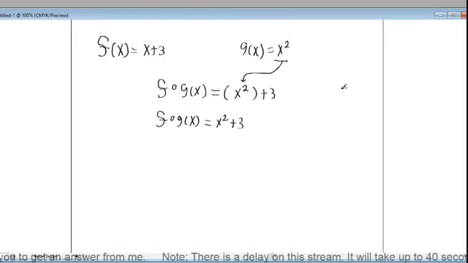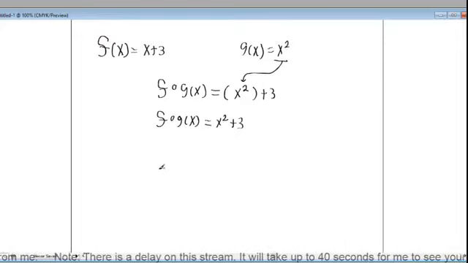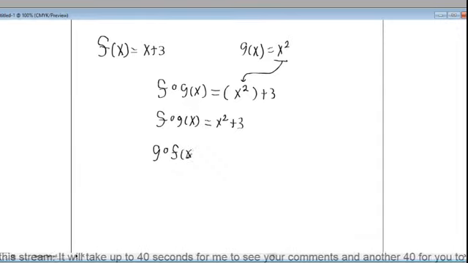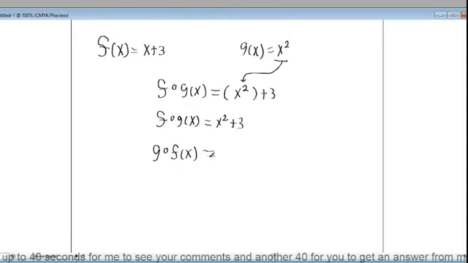Can we go the opposite direction? Can we do g composed of f? Sure. Same idea. So if we have g composed of f of x, this time g of x is our framework. So x squared is going to be going down here. That's our framework.